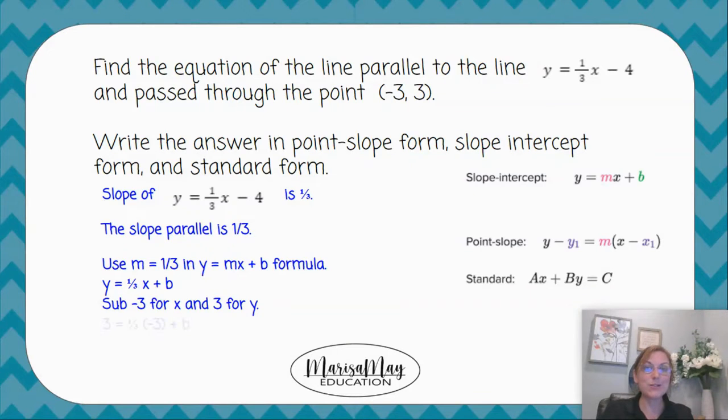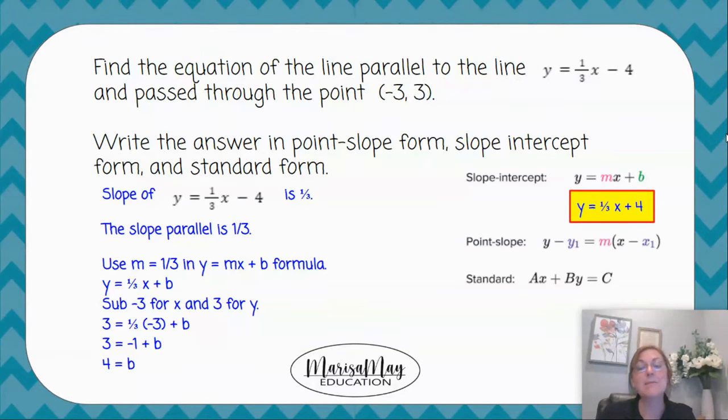So our equation looks like 3 = 1/3 times -3 + b, or 3 = -1 + b, which we can solve then to get b is 4. So we'll sub this b value into our equation. We have the m being 1/3 and we have the b being 4. And so my slope-intercept form of this line is y = 1/3 x + 4.